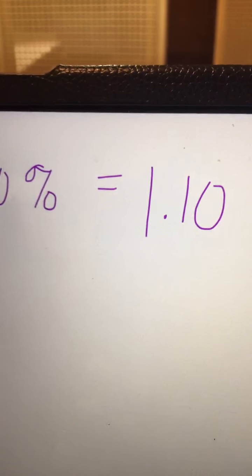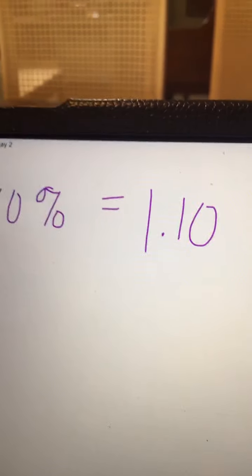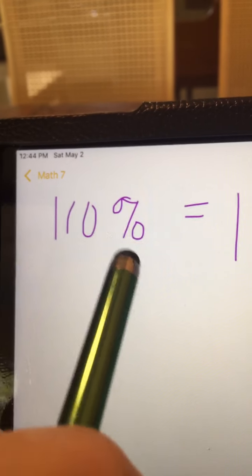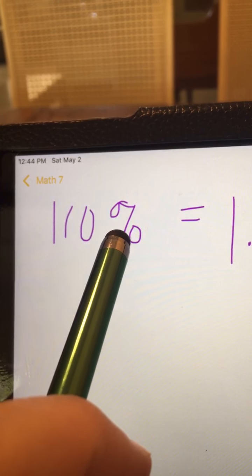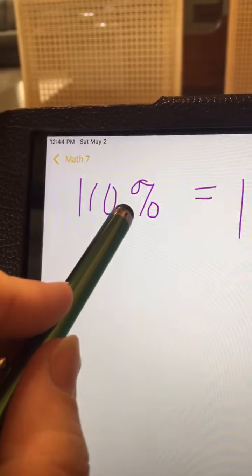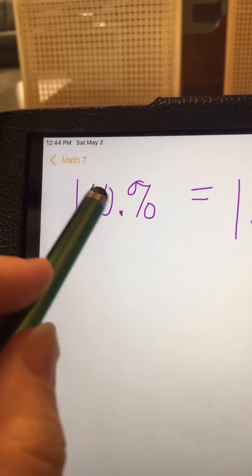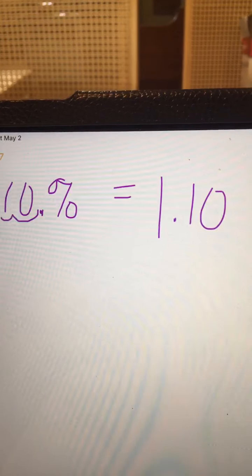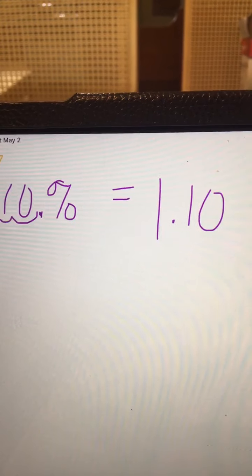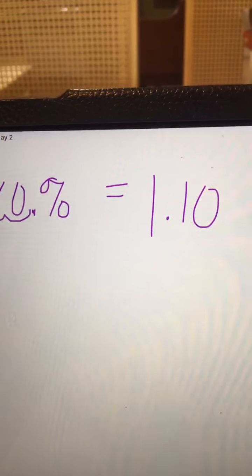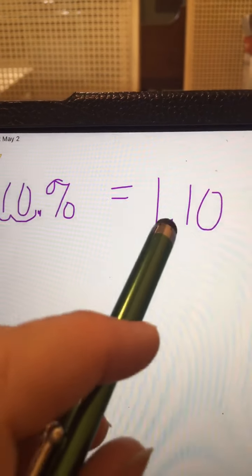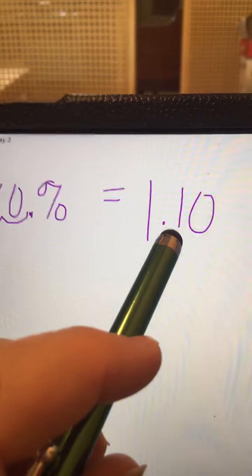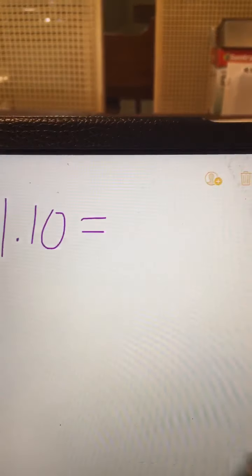Or, a little easier, remember how we go from a percent to a decimal? You have your decimal point at the end of the number, and you move it 2 places to the left. See? 1.10.